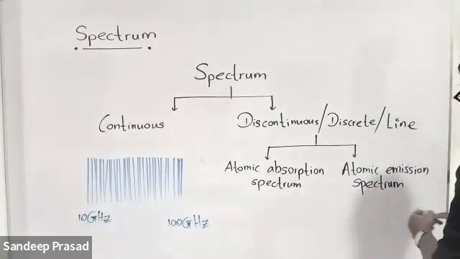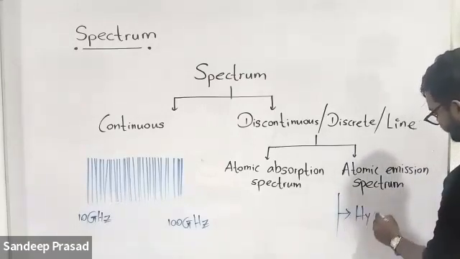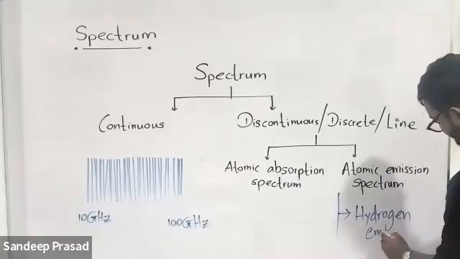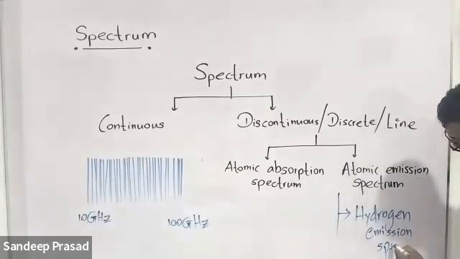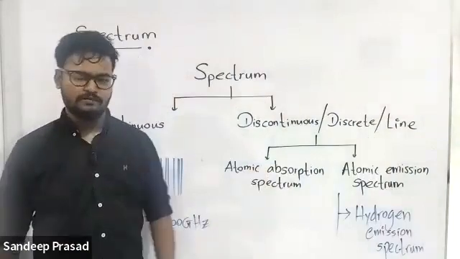Under the atomic emission spectrum, we are going to analyze the hydrogen emission spectrum. Very easy. Today you can confirm 1 mark in your A-level chemistry paper, because if you are given an MCQ regarding the hydrogen emission spectrum, you can get it very easily.